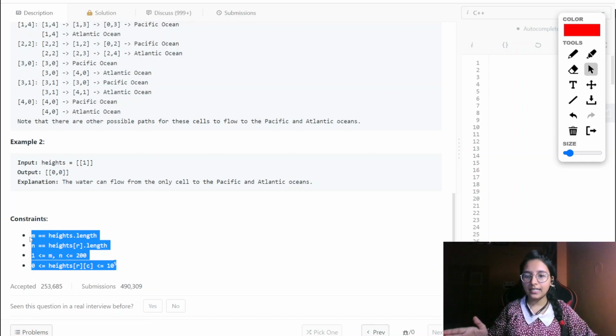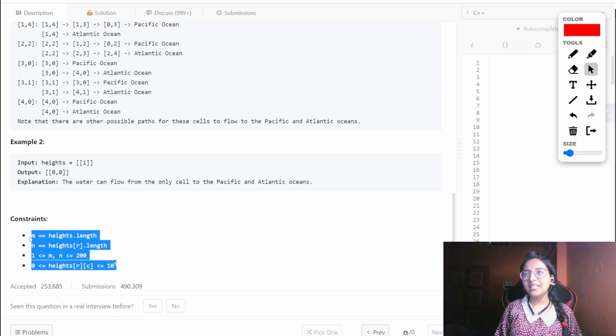If it satisfies, then we push it into our answer, but if it doesn't, then we move ahead. So doing all the processing and checking for every node for every row or column is why it becomes an m into n solution.